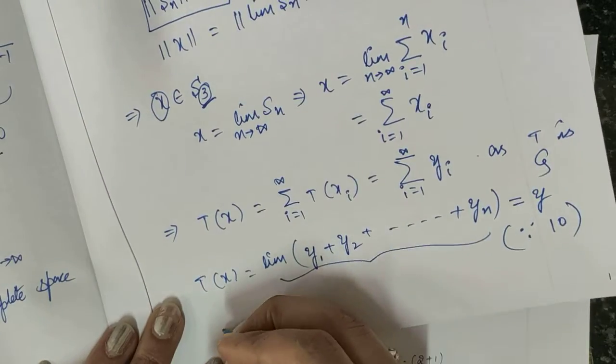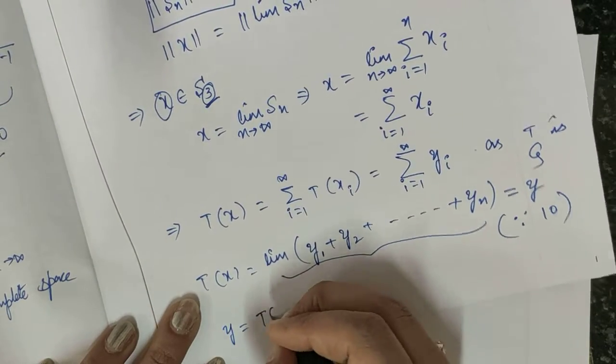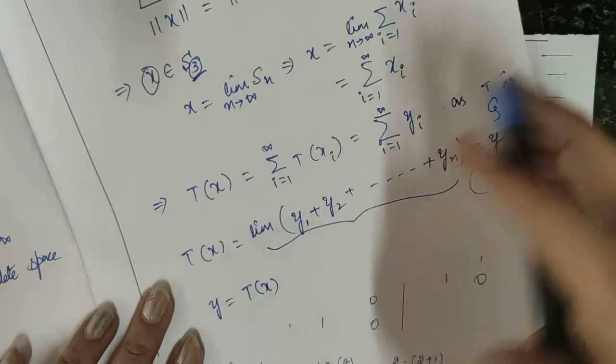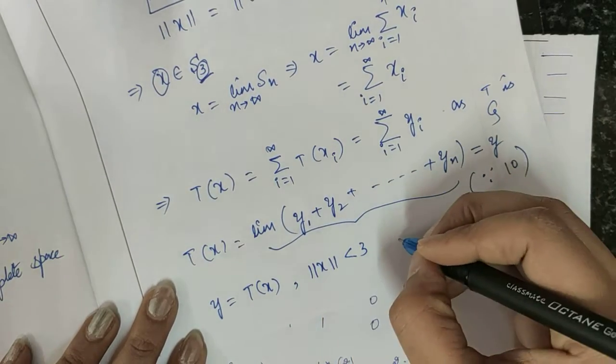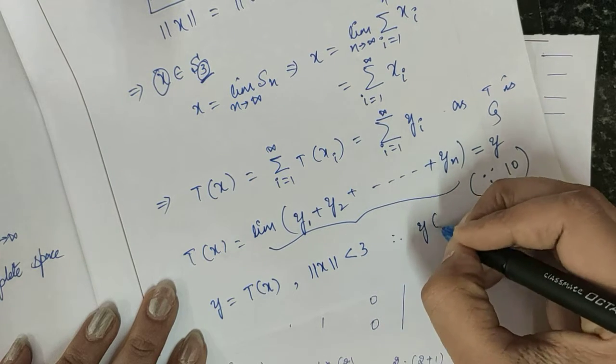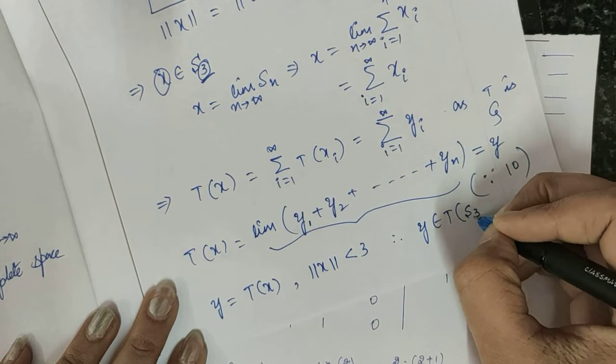So y is equal to T of x and norm x is less than 3. Therefore, y belongs to T of S3.